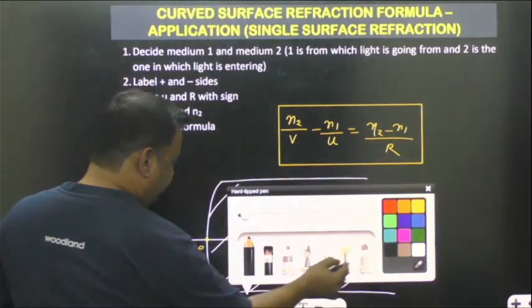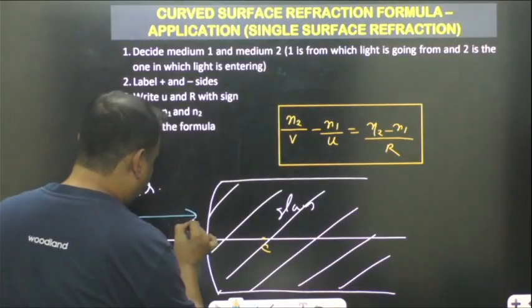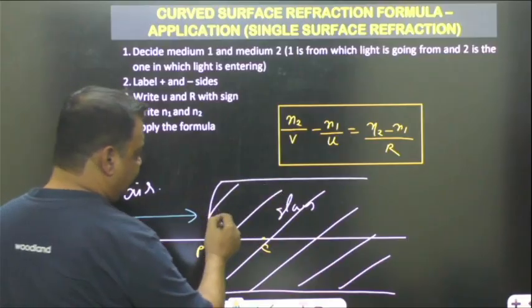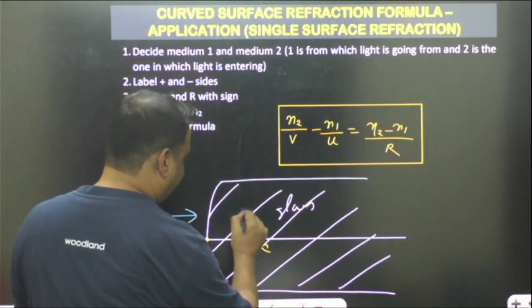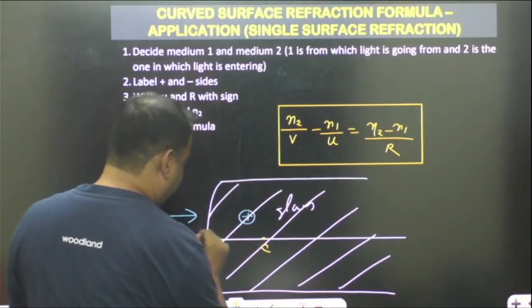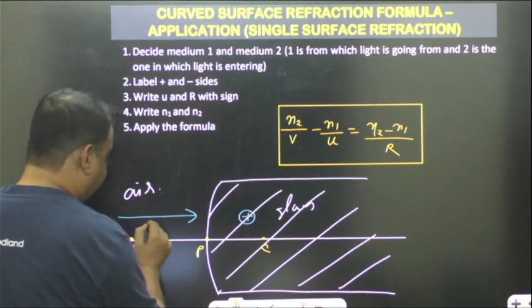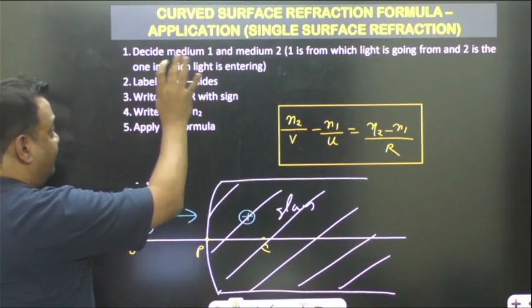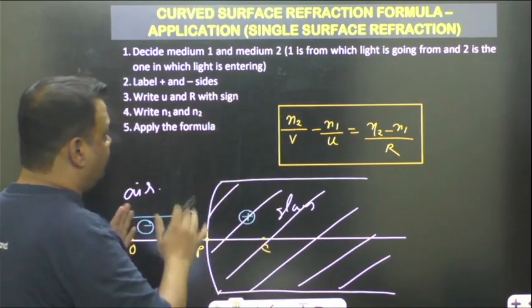The light goes from the object, from air to glass. We saw in lecture 1 that the medium into which light enters is taken as positive, so this side is positive, and the medium from which light is coming is taken as negative, so this side is negative. So first of all, decide medium 1 and medium 2.